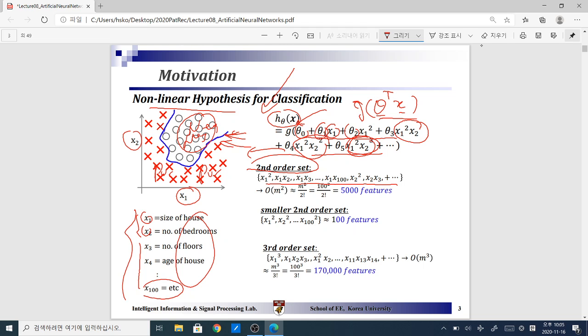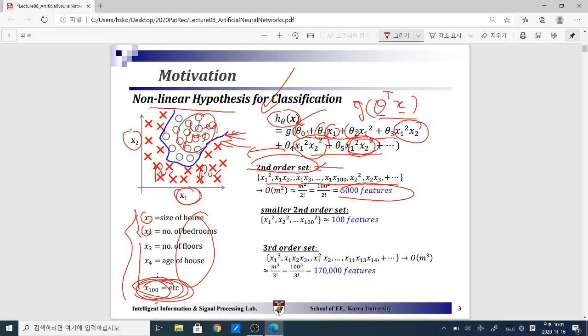Now, to be able to do this with an increased number of dimensions, before we only had x1 and x2, now we have a 100 feature set. Then, for the second order set of such originally 100 features, it's going to produce roughly about 5,000 features.